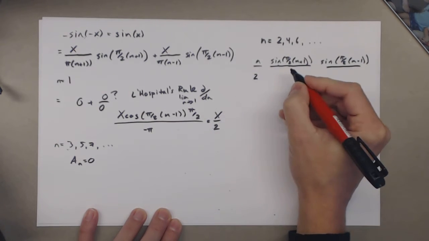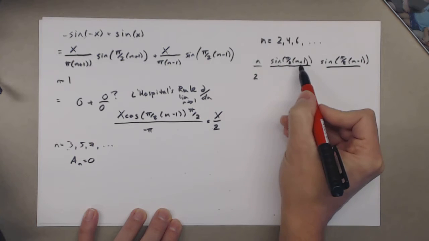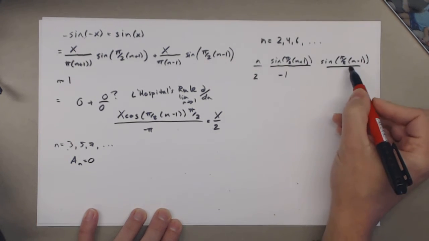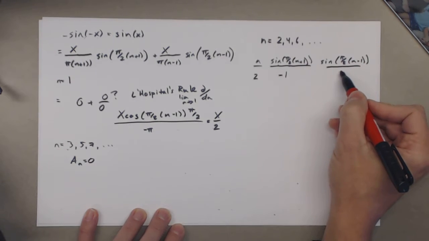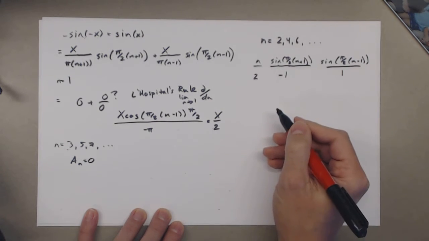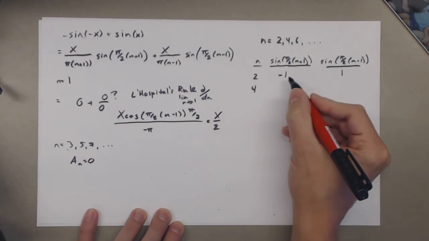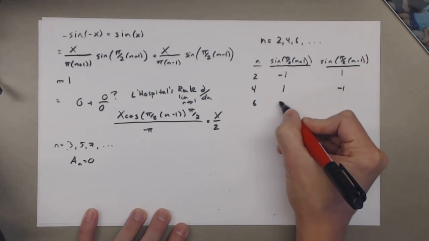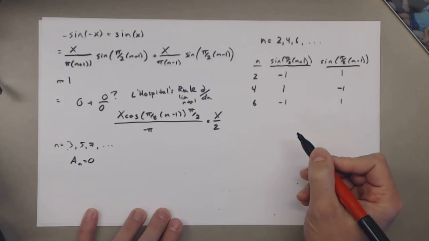So for 2, we end up with sine of 3/2 pi, so that's minus 1, and sine of pi over 2, which is 1. For 4, we get just the opposite, 1 and minus 1, and they just each flip back and forth.